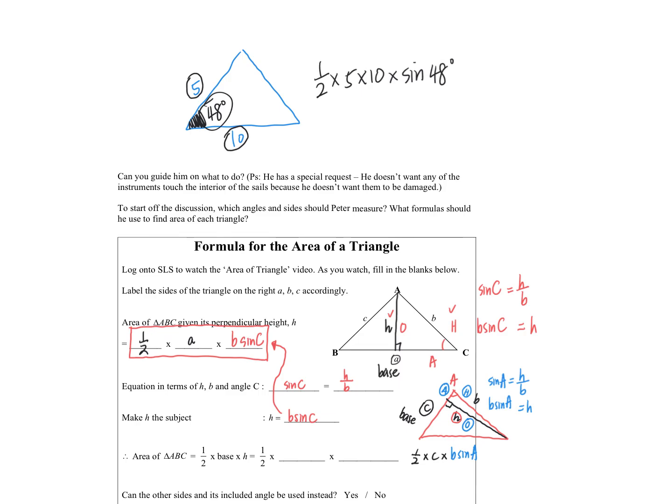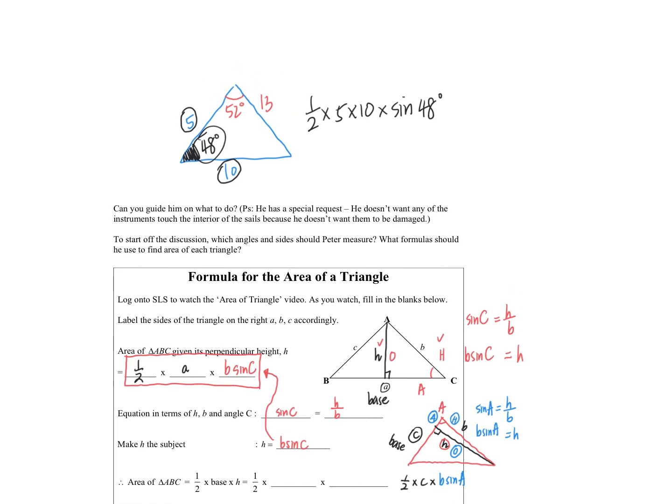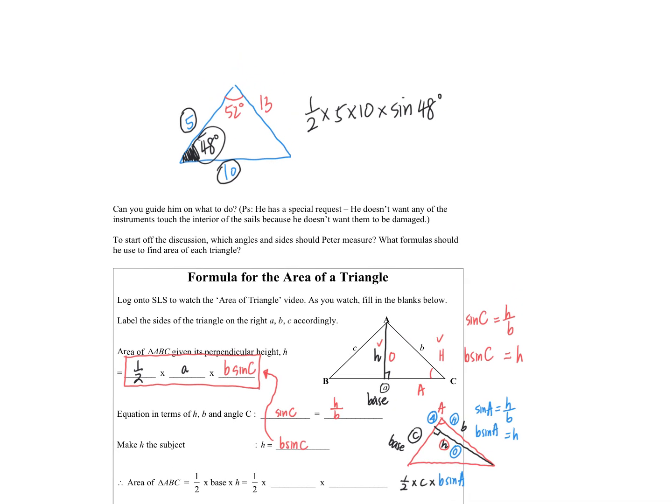If I change the other side, let's say this is 13 and this is angle 52, then to use the same formula, it will be these two adjacent sides and the angle in between. They should be able to help you find the area of the triangle. No matter which vertex you choose, it's always the two adjacent sides and the angle in between.